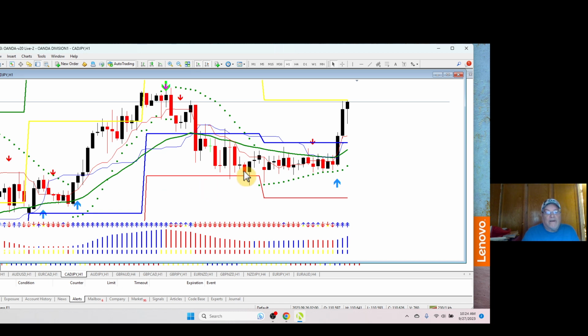Like the EuroCAD this morning was that. I think the low was at 34, and I was looking to get in at 40. But by the time I went to get in, it had gone and taken the low out, so I didn't have to get in. But it would have been about a $6 risk. That's it. And then I take off half of my position. That's just me.